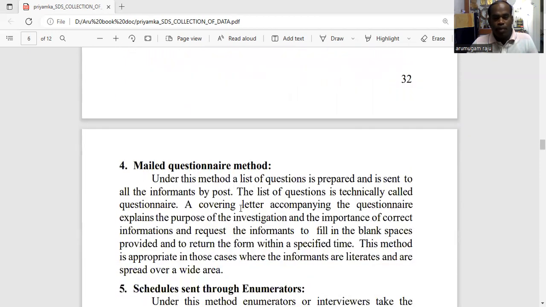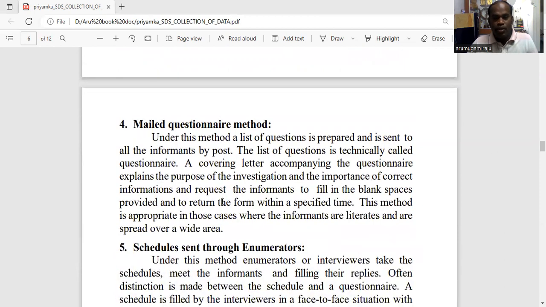So the next one is the mailed questionnaire method. Under this method, a list of questions is prepared and sent to all the informants by post. The list of questions is technically called a questionnaire.